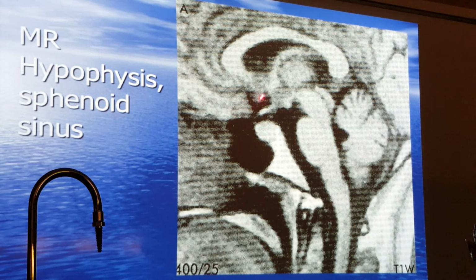This is a great axial MRI showing a little slice right through the sphenoid bone, and right there is the hypophysis, dangling by its little stalk there. Okay. And this big black hole, what do you think that big black hole is? Maxillary sinus? Good guess, but it's the sphenoid sinus. Okay?